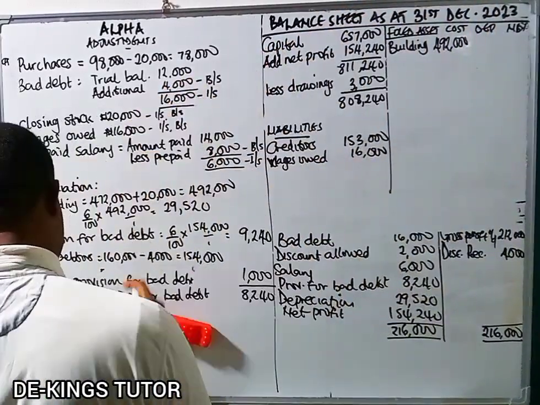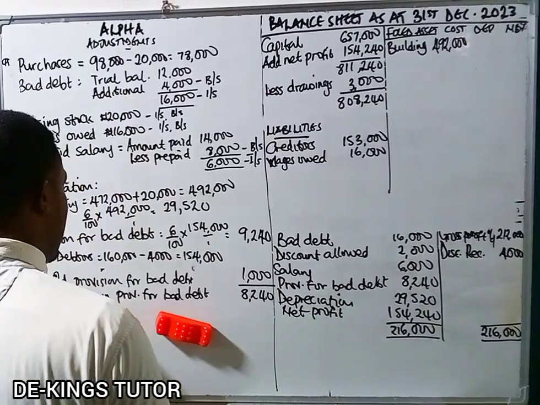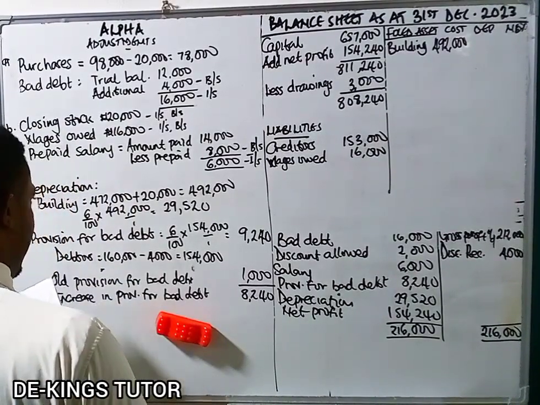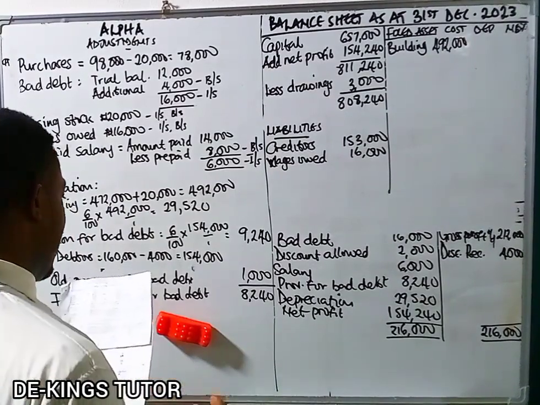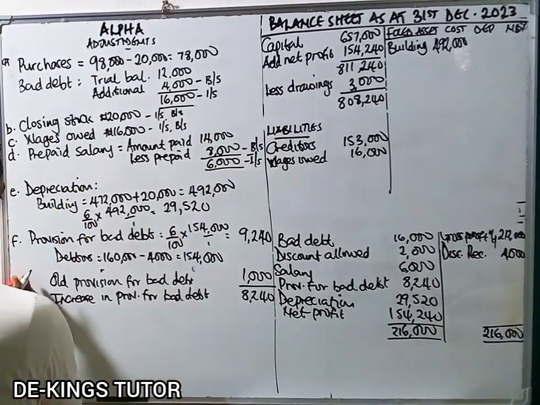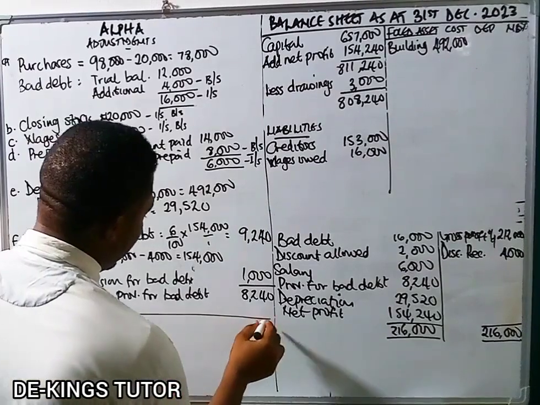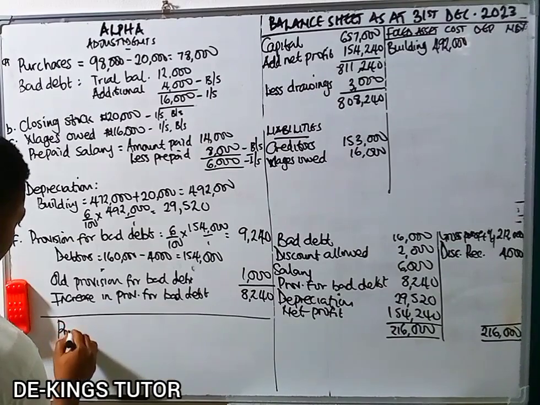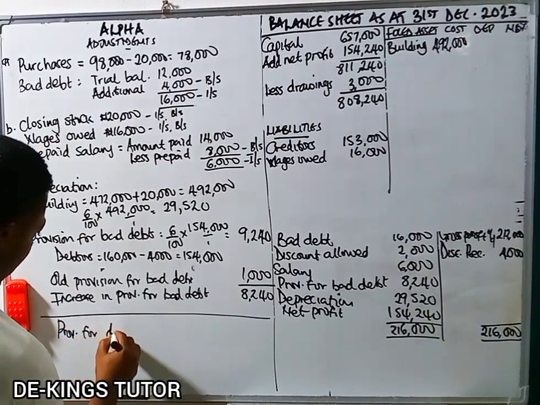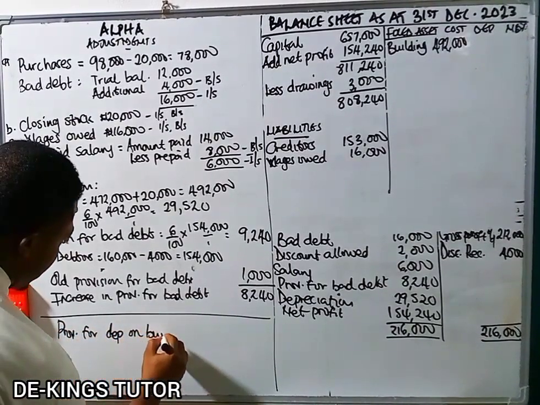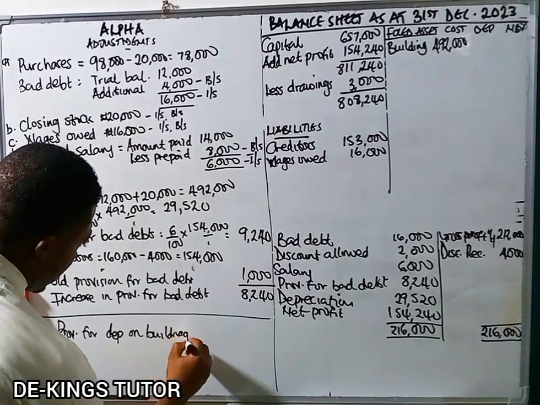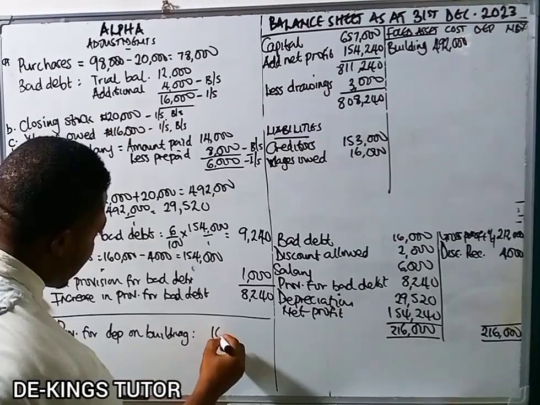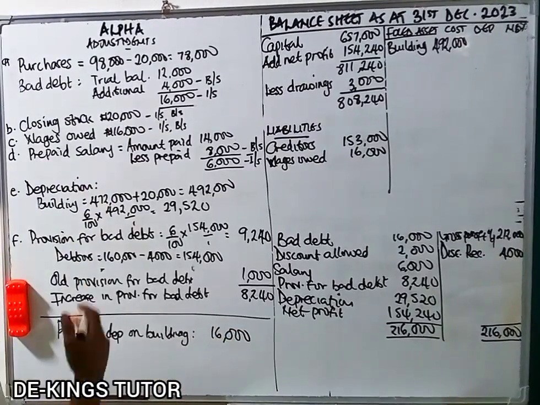492,000. So we now have depreciation of the building. If you check in the question, you see provision for depreciation on building. The provision for depreciation on building is 16,000, the old provision.